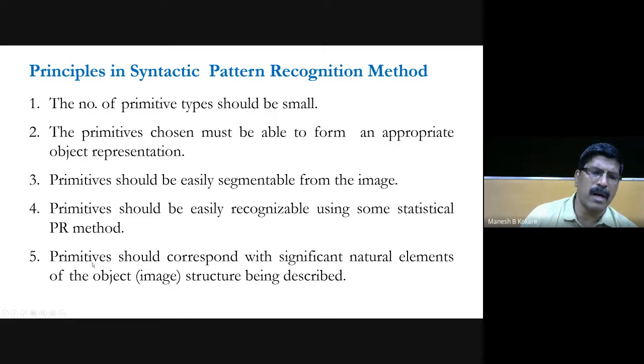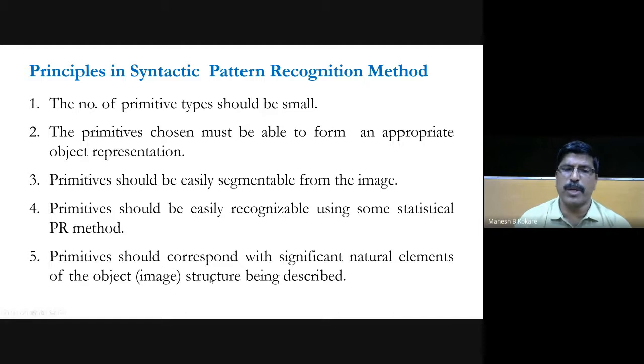And the fifth one is that primitives should correspond with significant natural elements of the object, like a triangular, circular, rectangular or square object. These are the natural elements of the object, and you can select this kind of primitives.